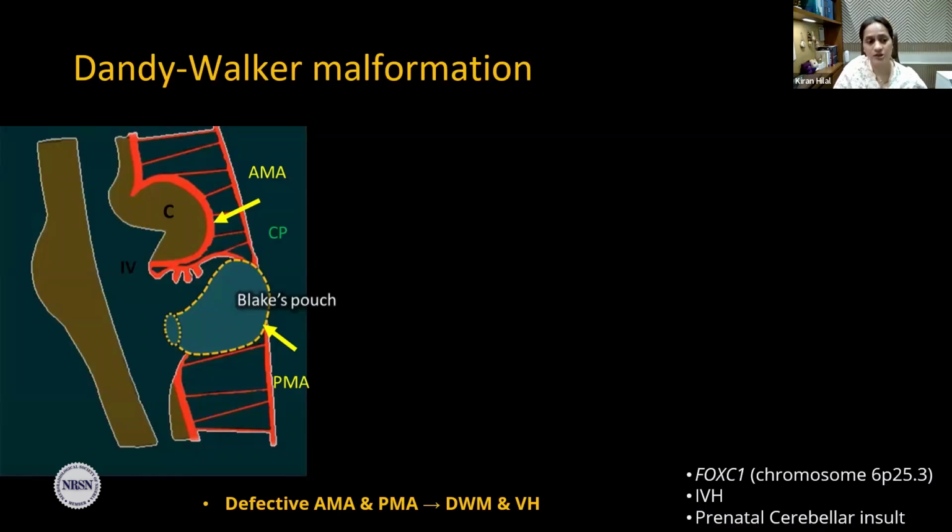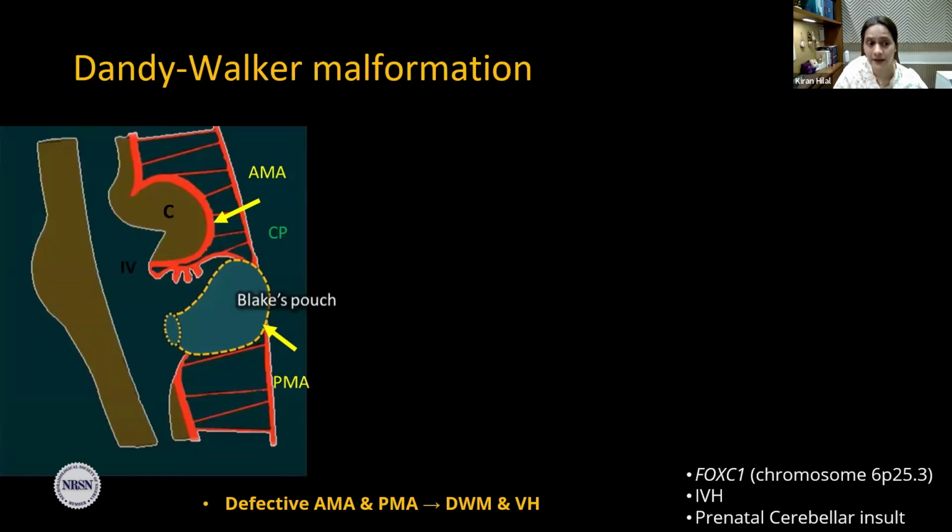Also, if there is a genetic abnormality, for example a FOXC1 genetic mutation, or if there is any hemorrhage in the brain or any insult to the cerebellum, that can all lead to the Dandy-Walker malformation.